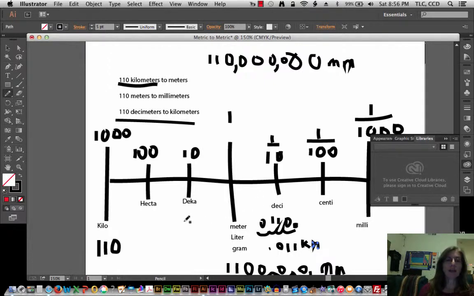So then you're looking at, you know, another 1,000 higher than a meter. So it comes up as 0.011 kilometers equals 110 decimeters. DM would be the abbreviation for that.